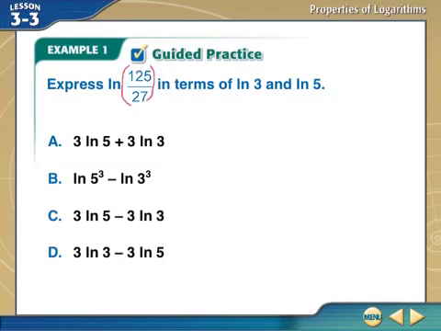So those properties that we discussed on the very first slide are valid for natural logarithms as well. So what I would like you to do is go ahead and figure out how to express natural log of 125 over 27 in terms of natural log of 3 and natural log of 5, and then submit your answer A, B, C, or D.